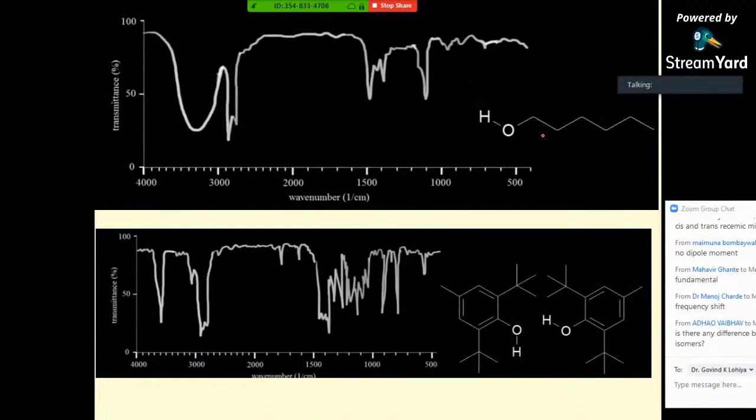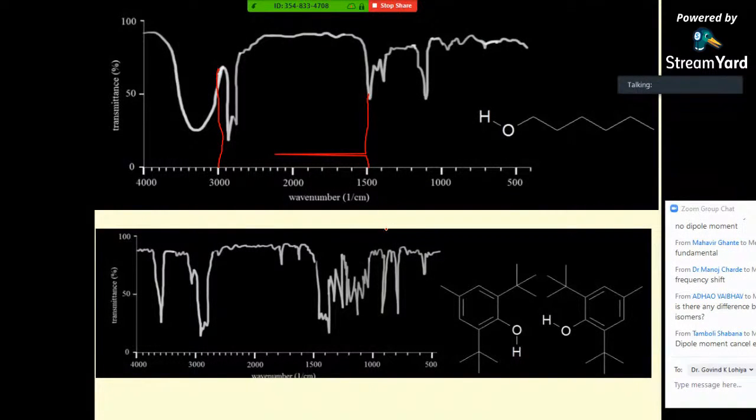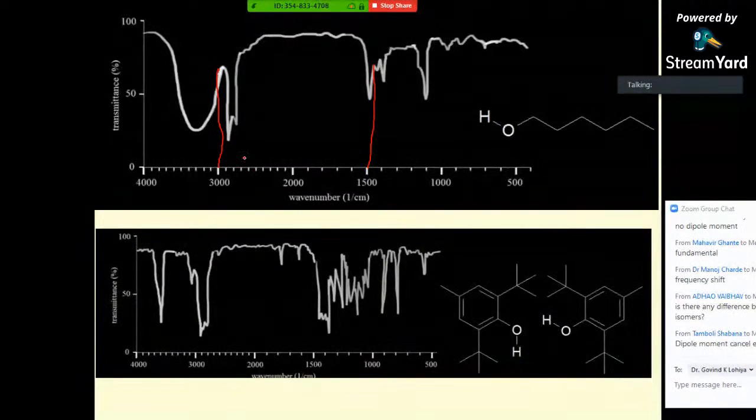Now in case of the alcohols, again if you draw a line at 3000 and 1500, yeah, the dipole moment is cancelling. If you draw a line at 1500, again there is no doubt we will be having a lot of CH stretching.